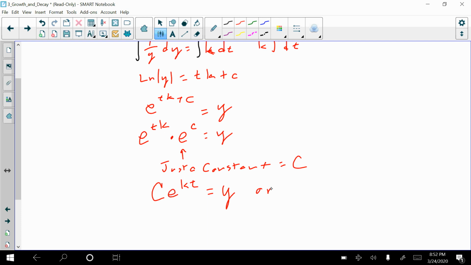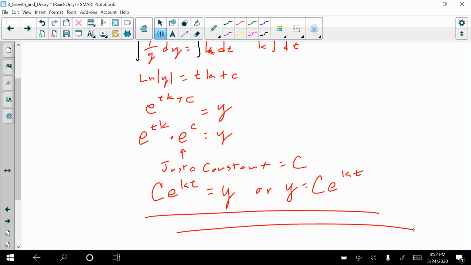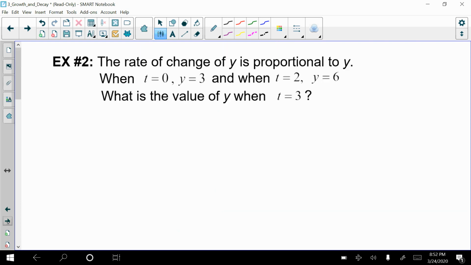Or if you need to see it the other way around, y is equal to c times e to the kt power. And that is where the standard equation comes from for our simple differential equation. That example was just to prove where the growth model comes from.